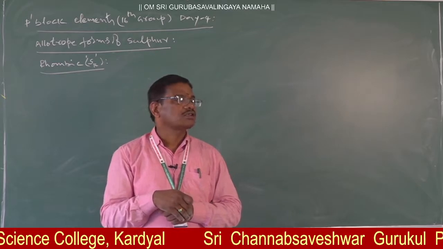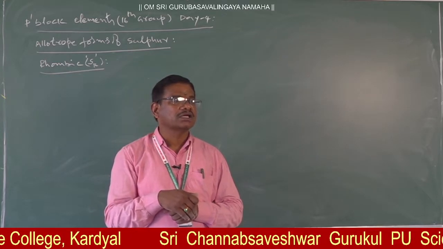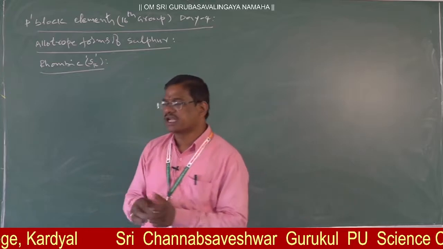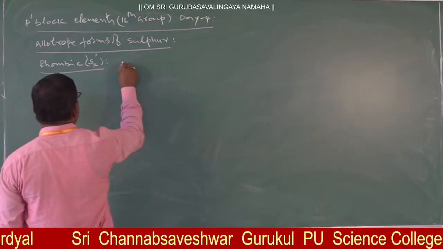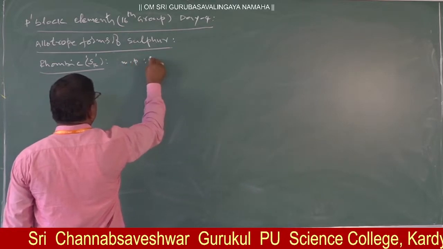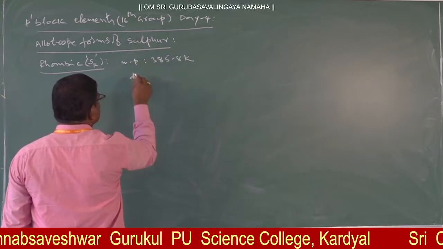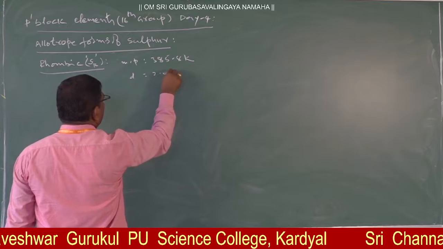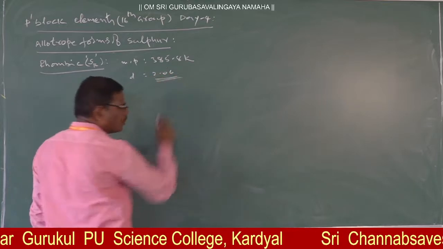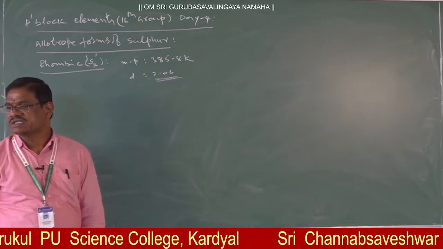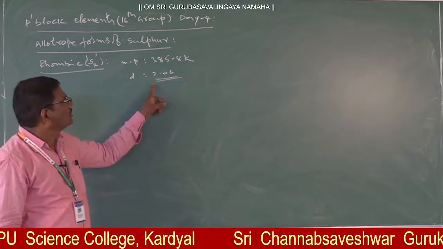And this rhombic sulfur's melting point is 385.8 Kelvin, whereas the specific gravity is 2.06, I think. 2.06 is the density. Density is higher, right?